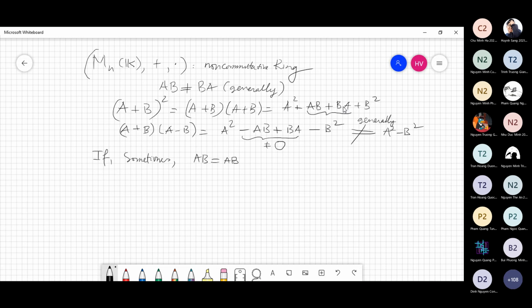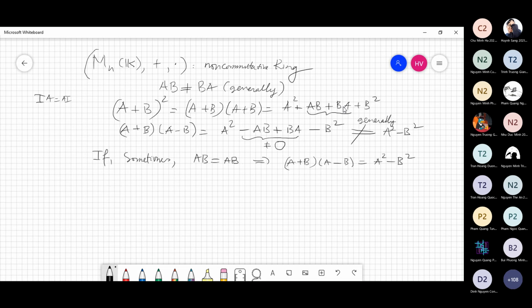Sometimes that happens, for example if you have I multiply A and A multiply I. Then minus AB plus BA is 0, so you obtain that (A+B) multiply (A-B) is A squared minus B squared.